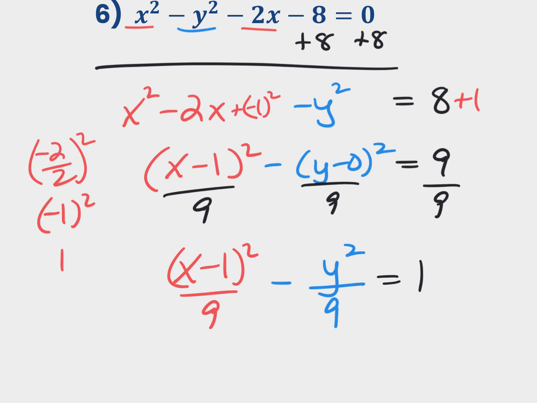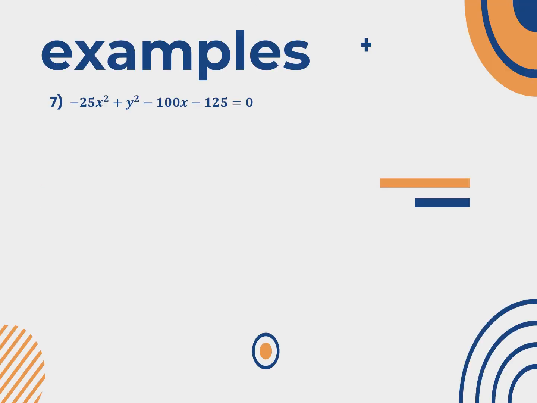This is the graph, or the equation, for a hyperbola. And notice this one would have been a shift horizontally 1 unit to the right. Notice I've got a negative 25x squared and a positive y squared. So again, graph of a hyperbola.